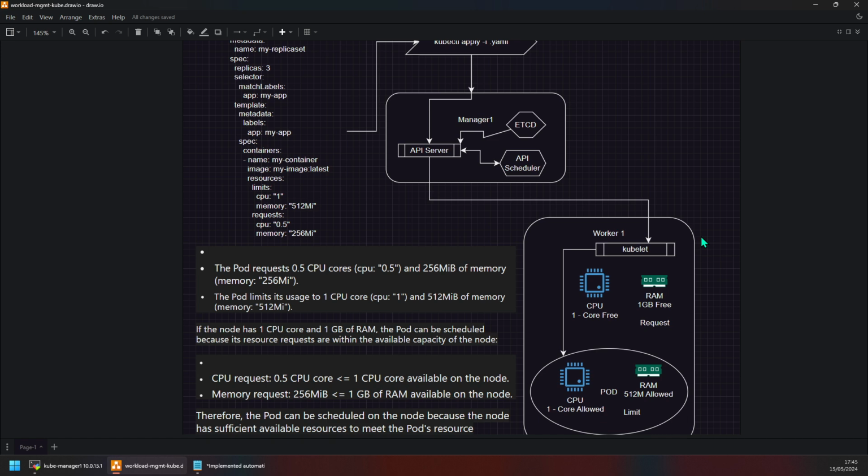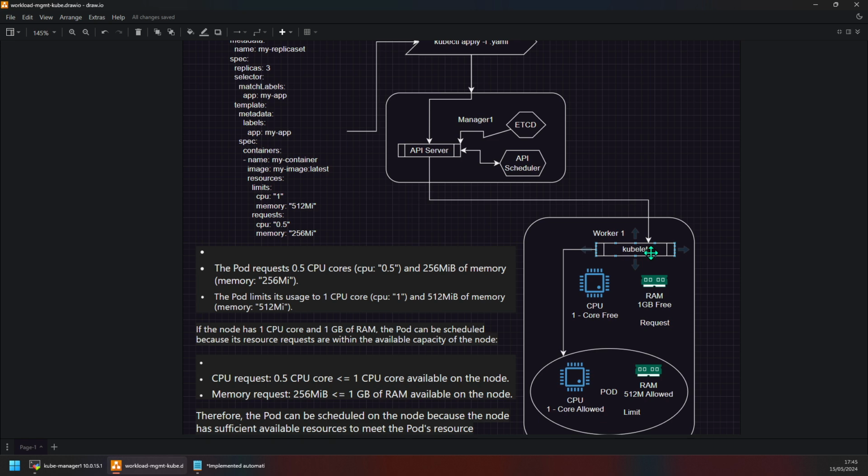Now, in terms of the kubelet, which is running on that particular worker node, the kubelet is an agent that runs on each node in the cluster, and it is responsible for managing the pods running on that node. It communicates with the Kubernetes API server to receive pod specifications and ensure that the pods are running as expected. The kubelet enforces resource constraints specified by the pod's configuration, such as CPU and memory limits and requests.